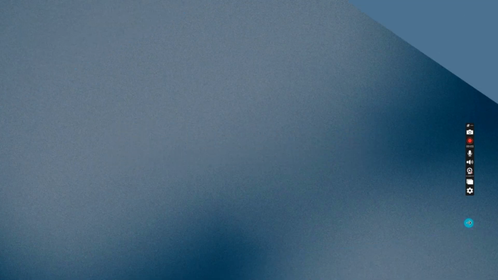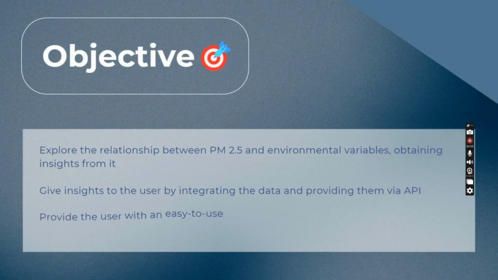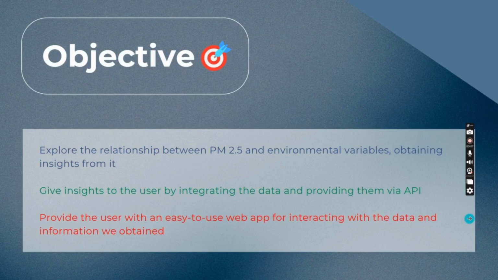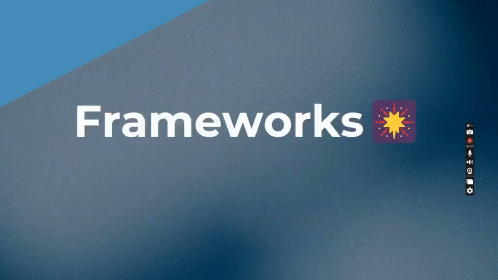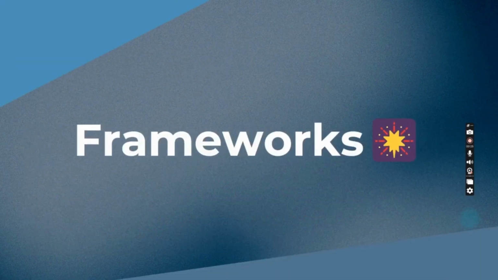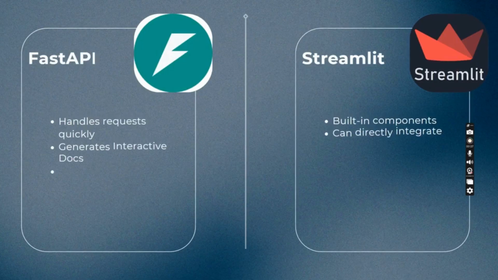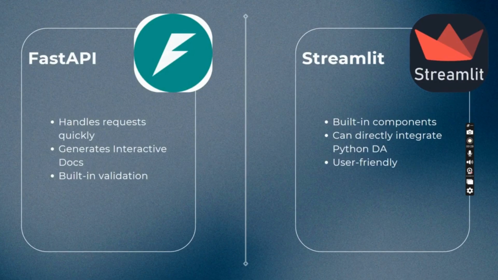Let's recap the objectives, but not all, just two of them. Now, considering these objectives, we came to the conclusion for the frameworks that we will use in our application, which is FastAPI for the backend and Streamlit for the frontend.